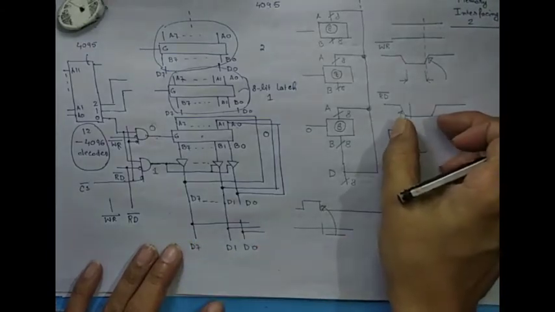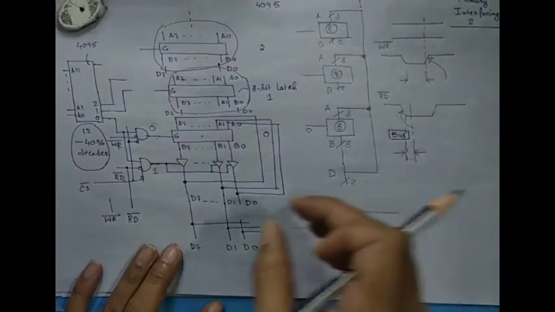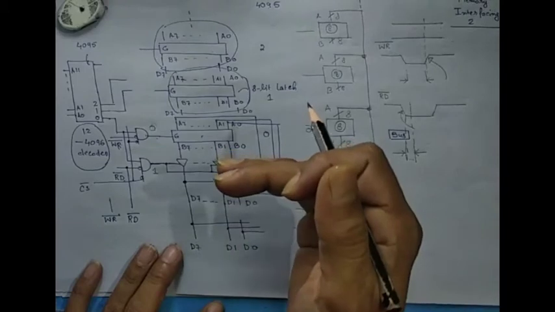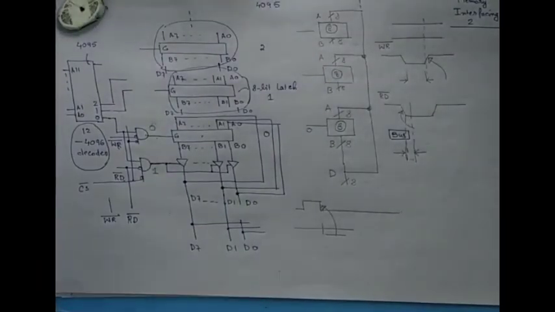If this time is less than the time needed by the memory device to output valid data present in any of its internal locations on the external data pins, then the read cycle will not work properly. Why? Because the processor then will not get correct data from the data lines.